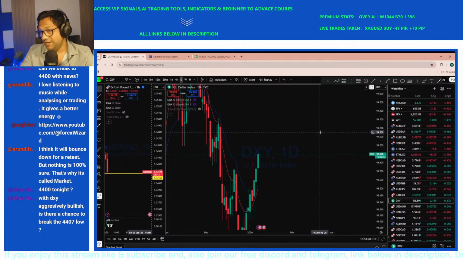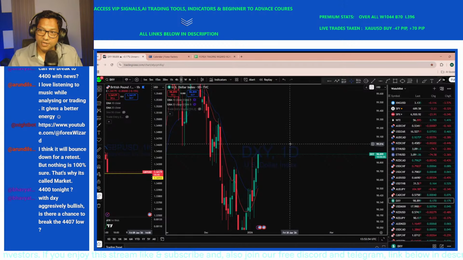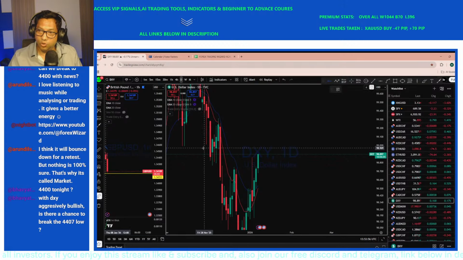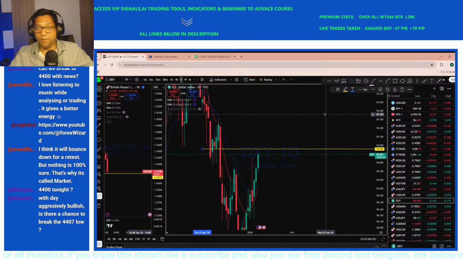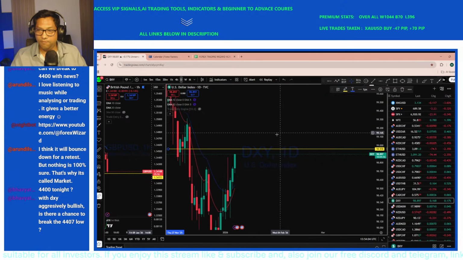Now DXY is bullish, but there is one important thing we need to look at: where the DXY is going. Sometimes breaking above resistance in this way can be a sign of reversal as well.